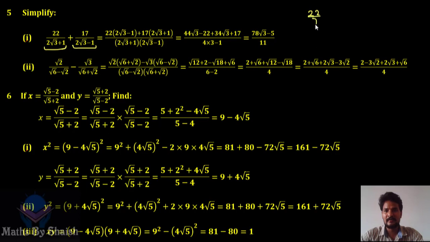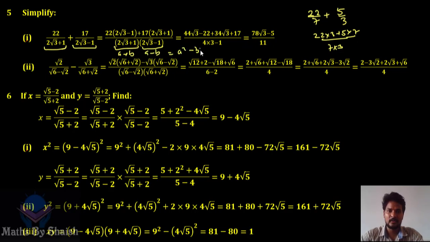Let's say 22 by 7 plus 5 by 3: we do 7 into 3, and then 22 into 3 plus 5 into 7. In the same way we will do it here, and the reason is that if the denominators are rationalizing factors of each other, when we multiply we get (a plus b)(a minus b), which makes a square minus b square, and that can be simplified very easily.